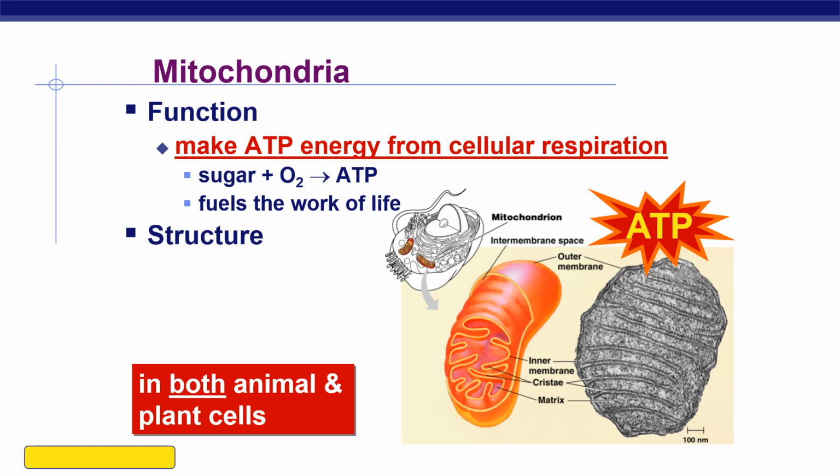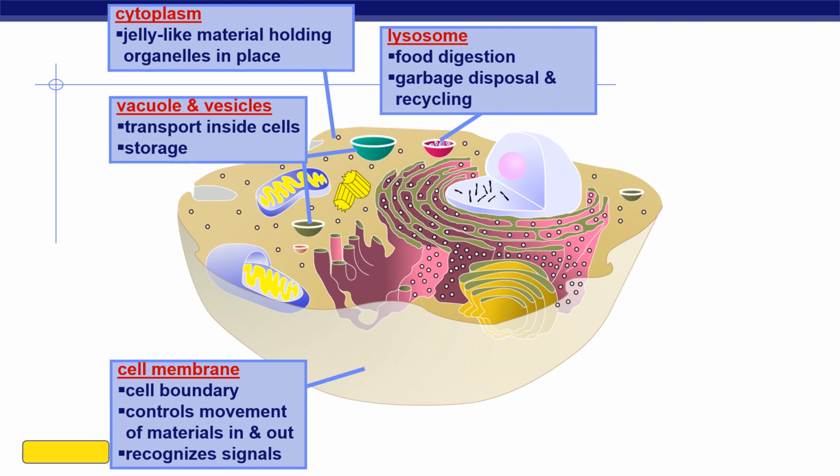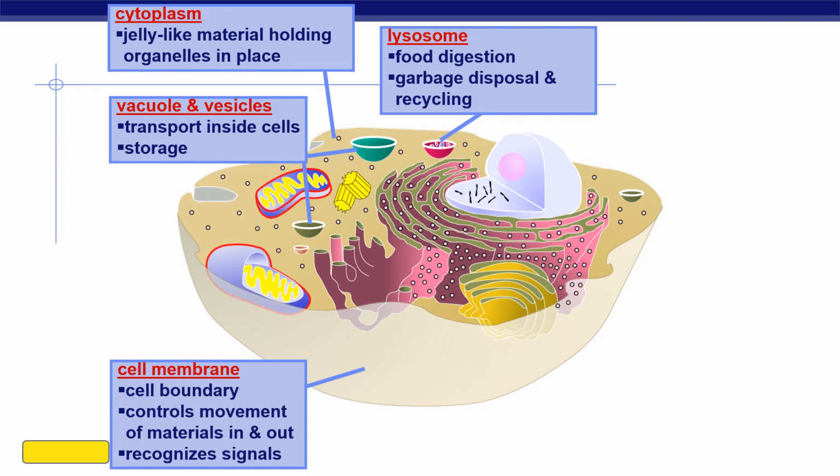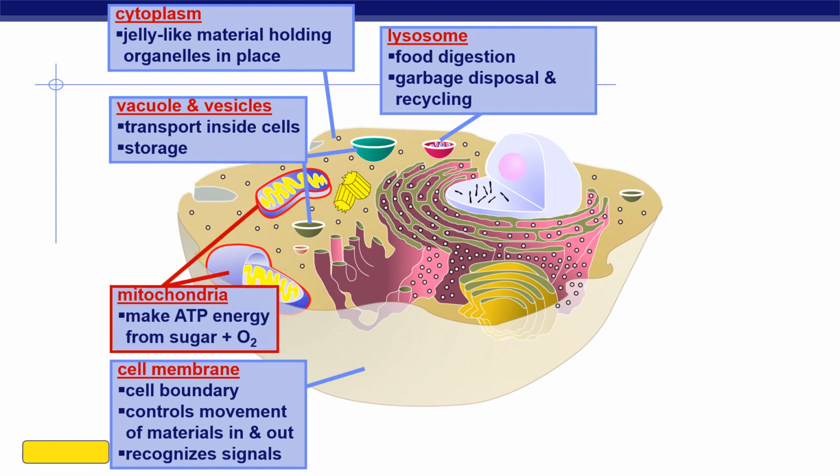When you are stressed, you can just simply eat chocolates to fuel your energy. Now, as to the structure, the mitochondrion is actually a double membrane.